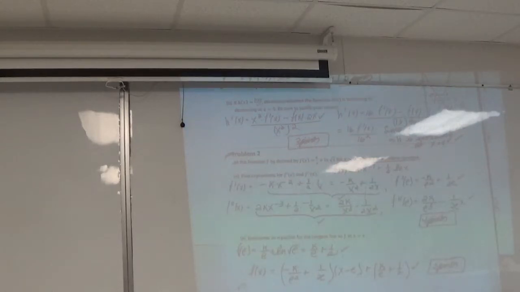K is a constant. What k prime is? No, that's not what I just said. The derivative of a constant is 0. So if you're trying to find the derivative of that constant, it's 0.